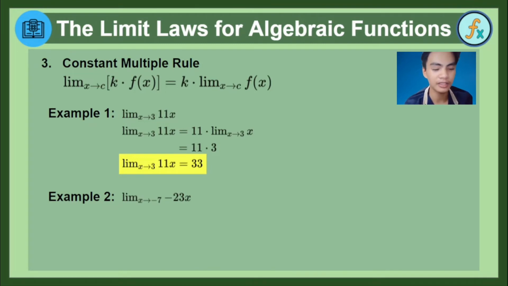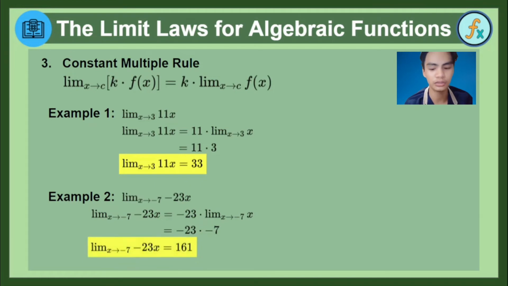Again, apply the concept, so it's going to be negative 23 times the limit of x. The limit of x as x approaches negative 7 is negative 7. Thus, negative 23 times negative 7 is equal to 161. Example number 3. Find the limit of 14x as x approaches negative 3 over 7.